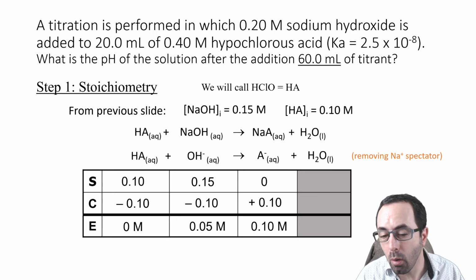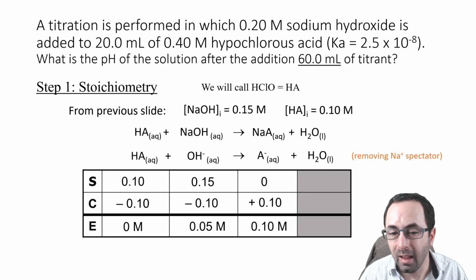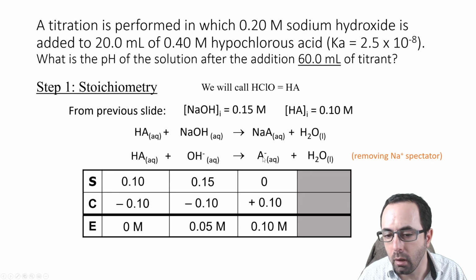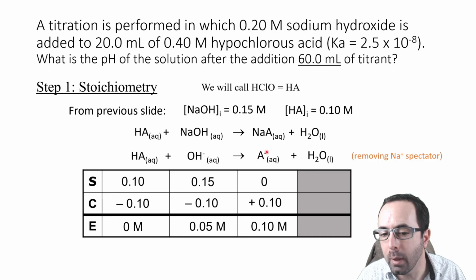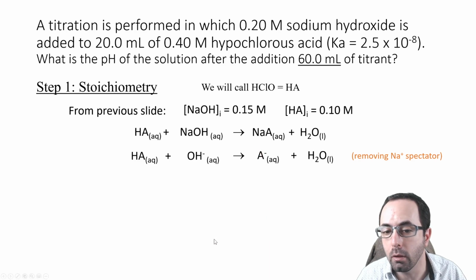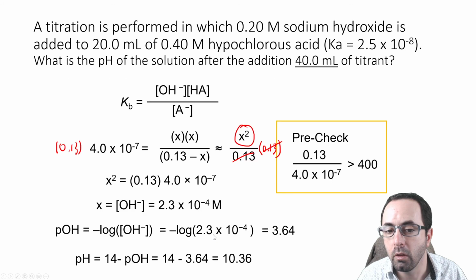Going back, let's compare the molarity of the hydroxide when we had the weak acid to 0.05. The molarity of hydroxide when we did the weak acid equilibrium was 2.3 times 10 to the minus 4.